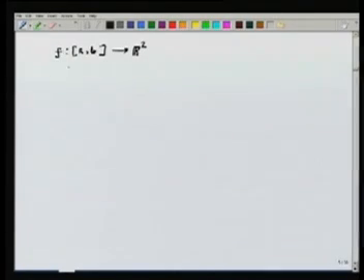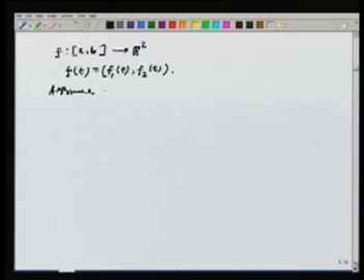Then f of t can be written as f1(t), f2(t), that is the x component and the y component. Now assume that f1, f2 both are continuous functions.